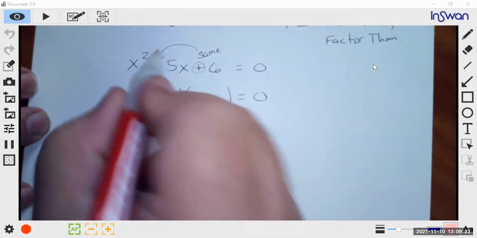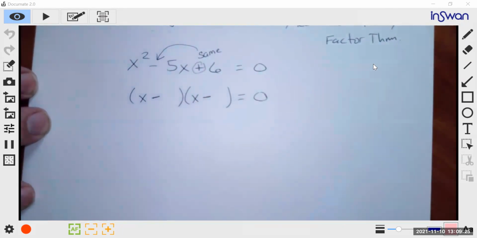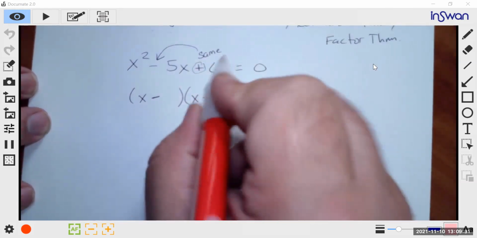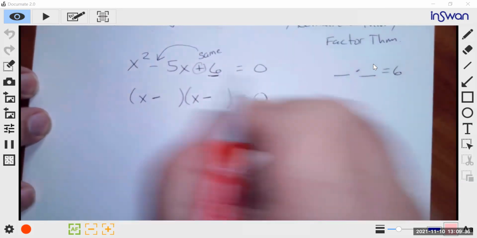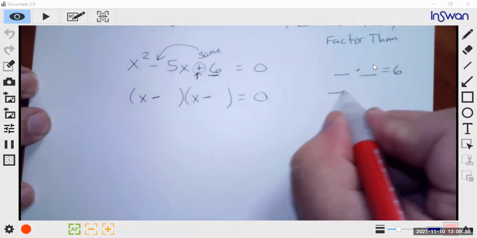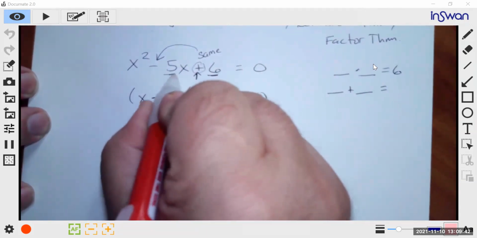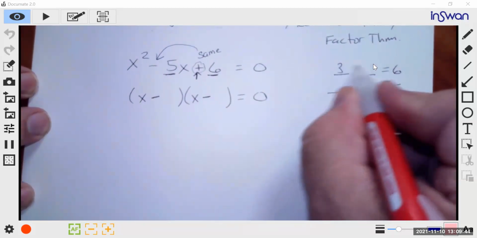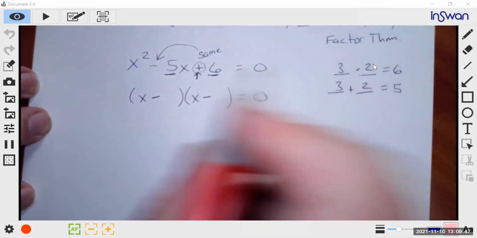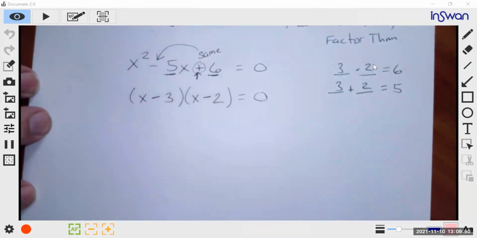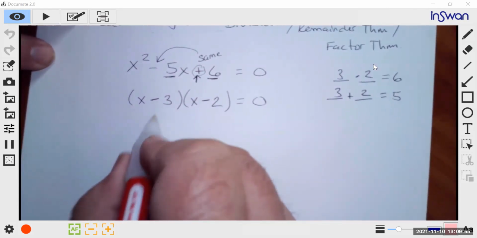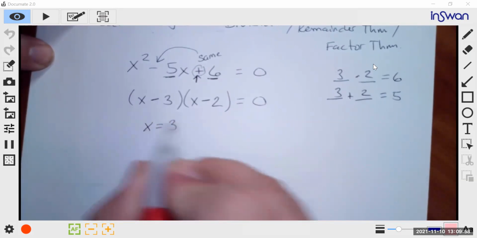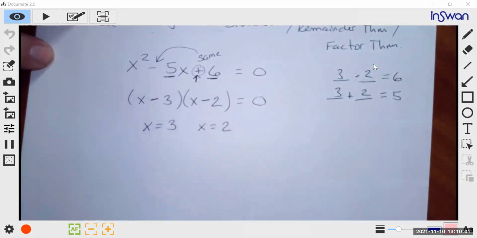They're both going to be the first sign, minus. What times what equals 6 when we add them, we equal 5? Yep, 3 times 2 is 6, 3 plus 2 is 5. So from there, we set them equal to 0, we get our solutions, x equals 3, and x equals 2.